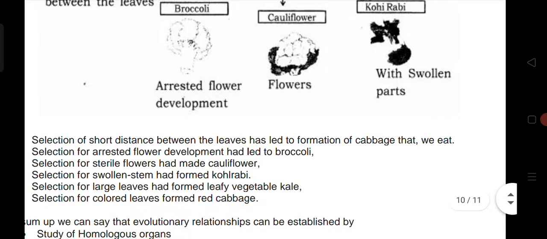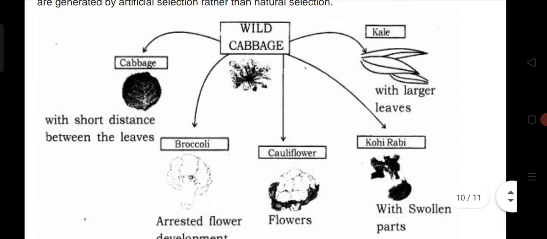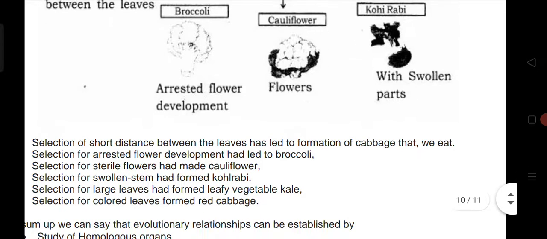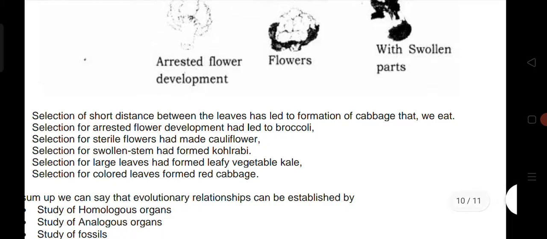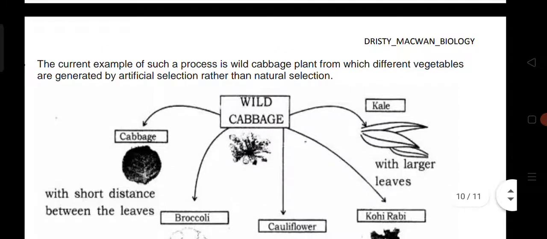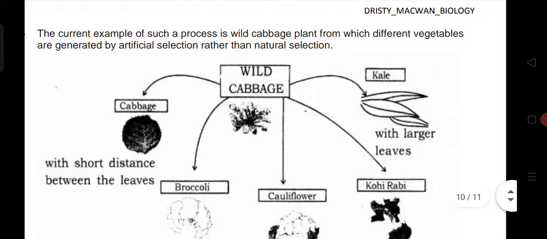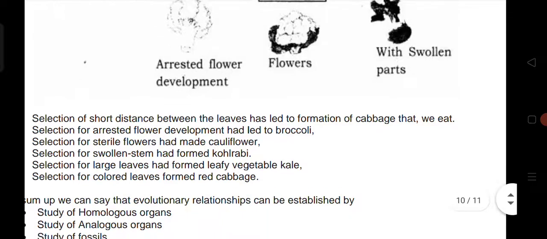And the last is the selection for large leaves, which formed kale. You can see over here the kale has larger leaves, and the last one is the selection for colored leaves, which formed red cabbage. So here you can see that the cabbage is going to form a different color, which is red.